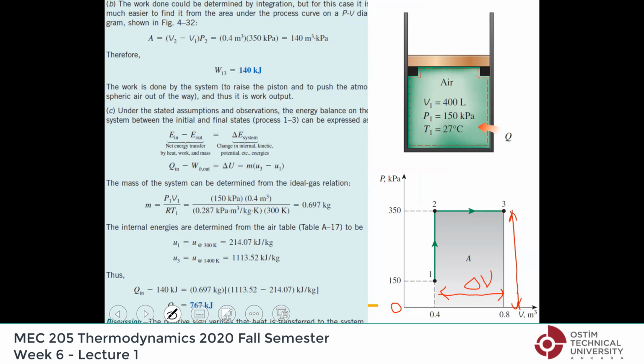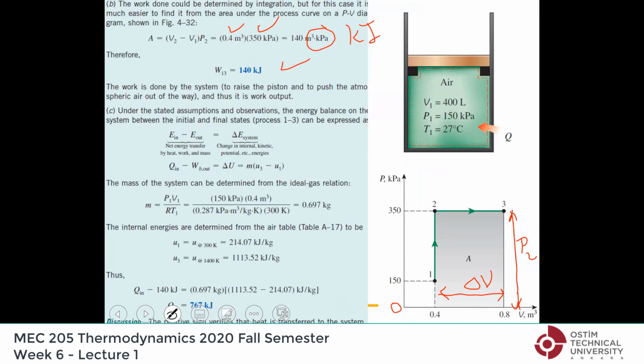So this is P2, which is the same as P3. P2 is 350 kilopascal, and delta V is V2 minus V1, which is 0.4. It is 140 cubic meter kilopascal, and we know that cubic meter kilopascal is equivalent to kilojoule. So here is the work done.